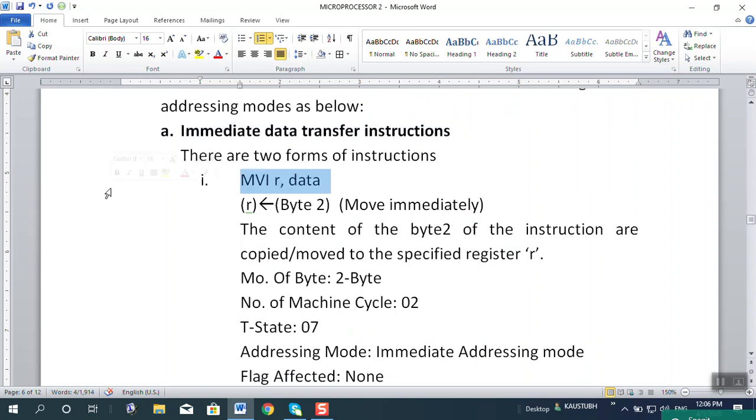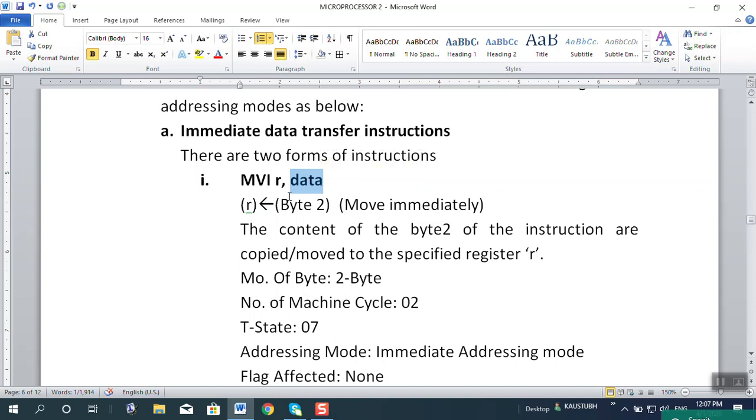One is MVI R, data. MVI means move immediately. In MVI R, R is the destination register; when it is small r, it means A, accumulator, or B, or C, or D, or E, or H, or L. These are 7 different registers, and this data is nothing but 8-bit data.